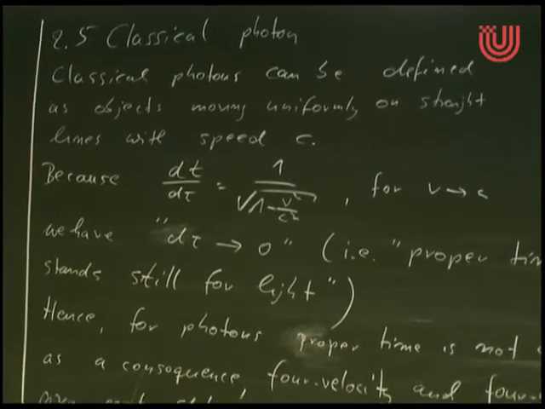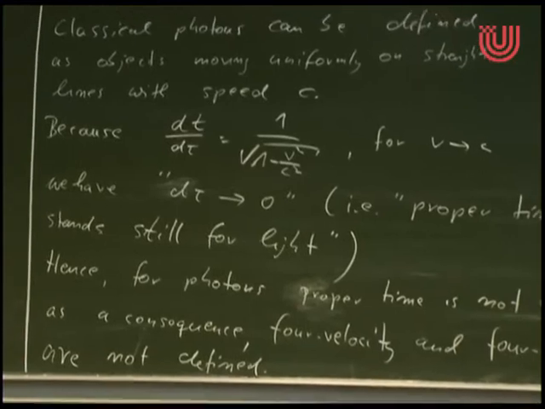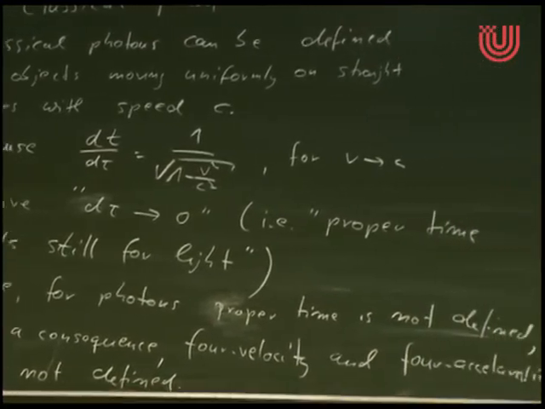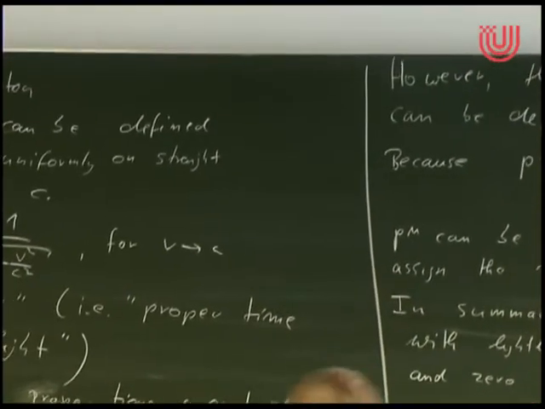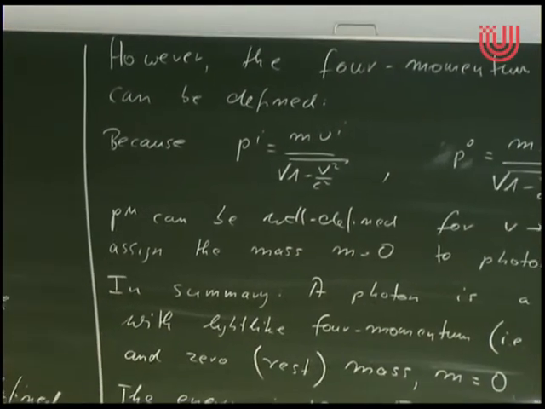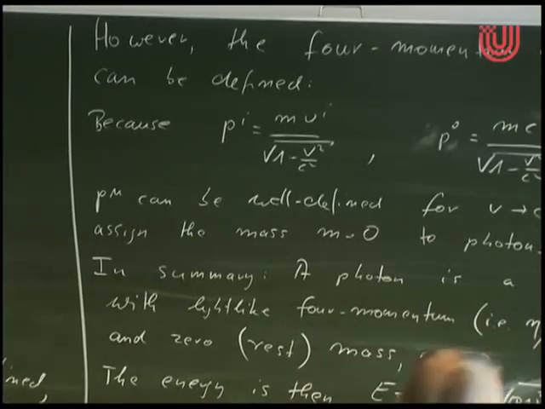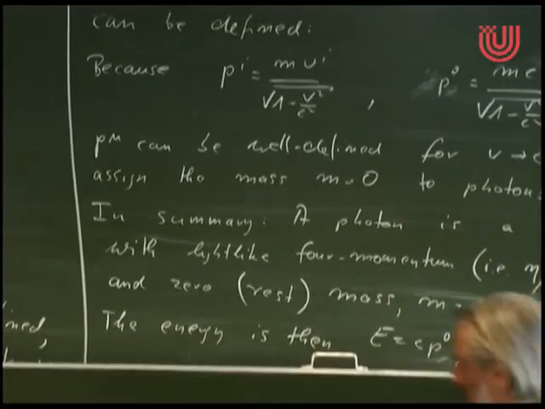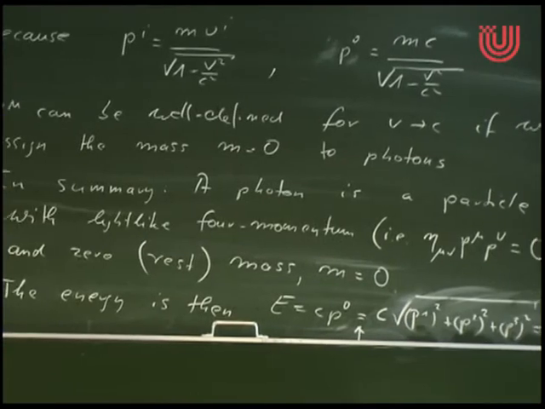I think that's a fairly instructive application of playing around with 4-vectors, and that's why I do it here. And the result, of course, is something which should not come as a surprise to anybody. I think the final formulas are well known to everybody.